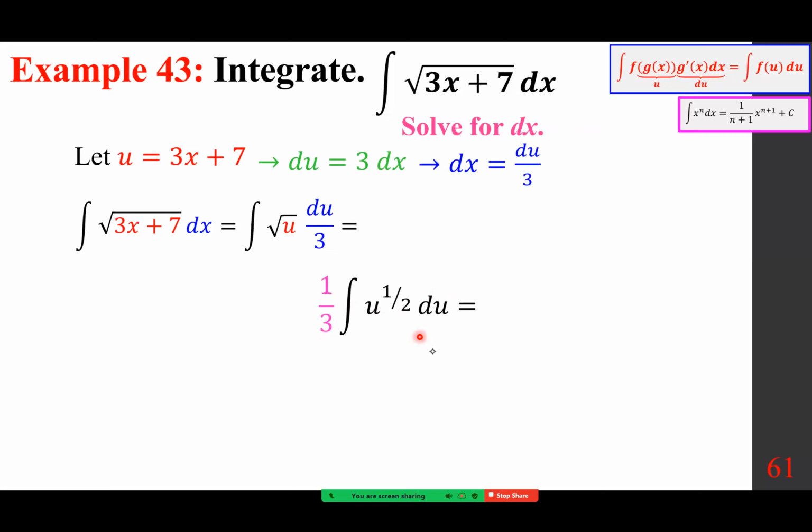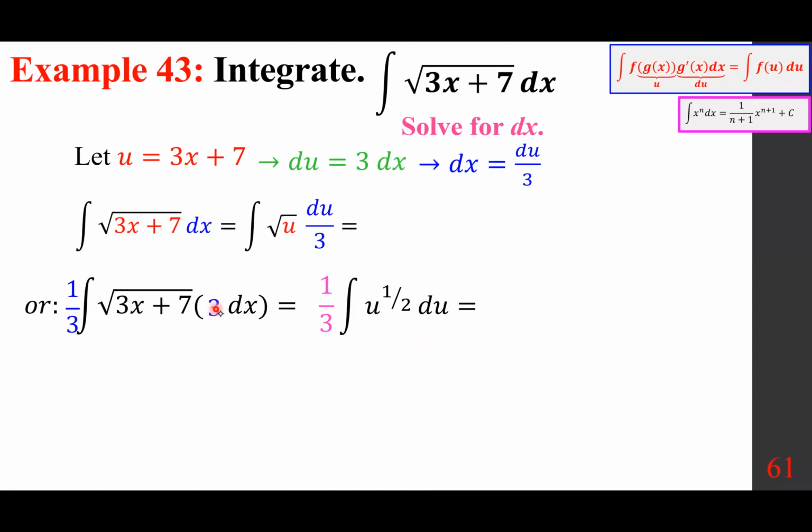The way I do it, I say, well, I have the square root of u, I have the dx, but here's the dx that is missing. Number 3 is missing. So I throw in number 3 and I undo that. I hope you see that.